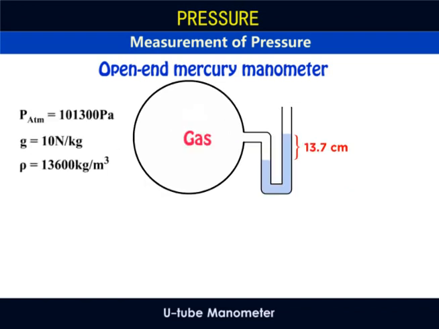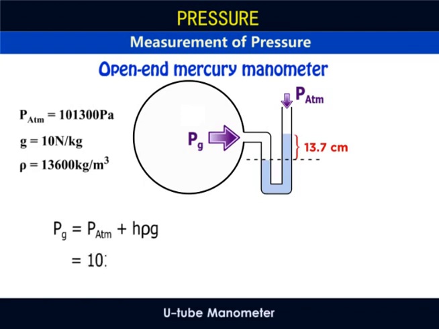Taking atmospheric pressure to be 101,300 Pascal and g to be 10 newtons per kilogram, we can calculate the gas pressure in this example. In this case, the gas pressure must balance the pressure due to the column of the mercury and the atmospheric pressure. So Pg is equal to atmospheric pressure plus hρg.